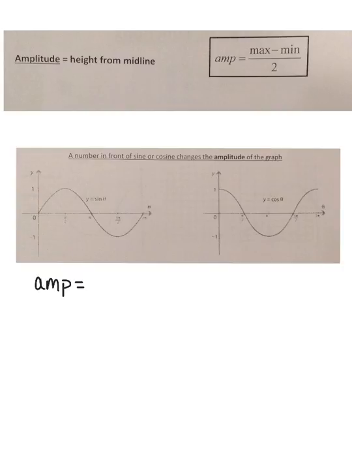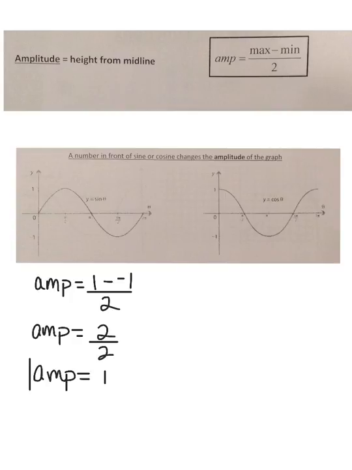So my maximum would be 1 minus my minimum, which is right here, and that minimum value is -1, all over 2. So my amplitude would be 1 minus -1, which is 2, over 2. So my amplitude would be 1.